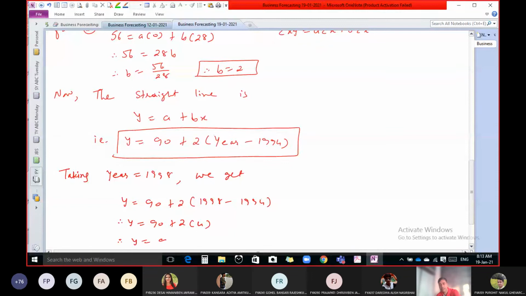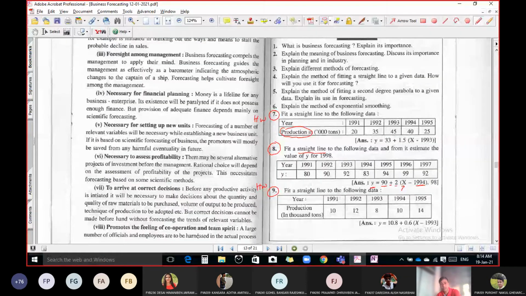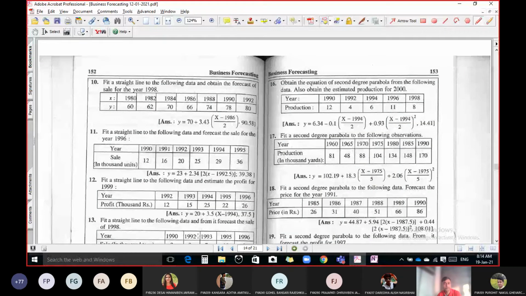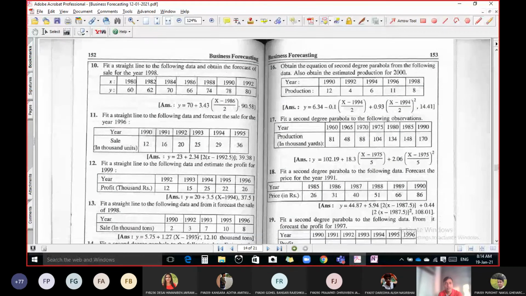Now let us do one more example. Question number 11. See the question. Find straight line to the following data and forecast the sales for the year 1996. Here in this question we have 6 years.